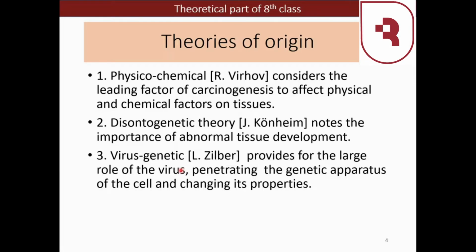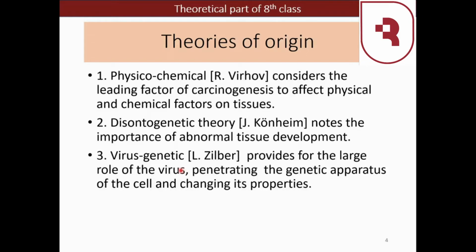So in this theory, we talk about special factors of different nature which may lead to damage of nuclei, damage of DNA in our nucleus, and lead to reproduction of a tumor cell.